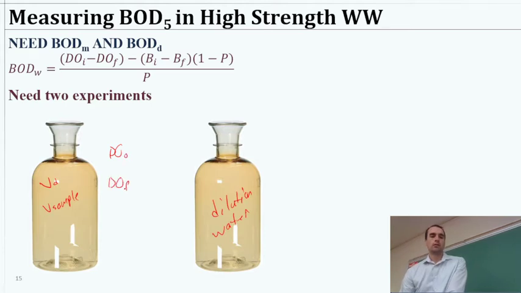Actually, I think the book I was using wrote I instead of not there, so DO I. And then for the dilution water, we just separate the terms to say B I and B F to be the initial and final in that particular vial. So that's just the definition there.